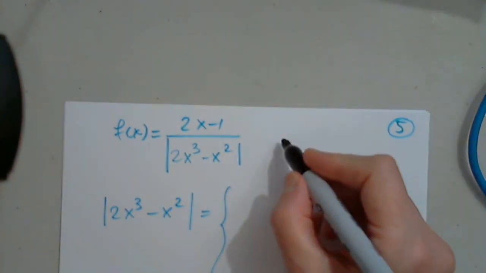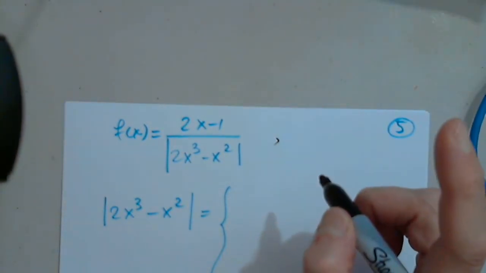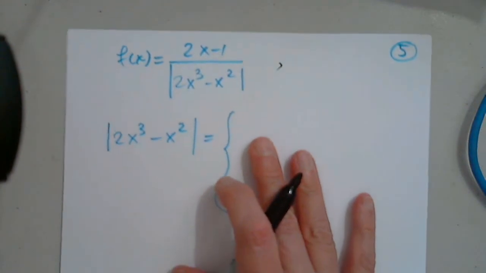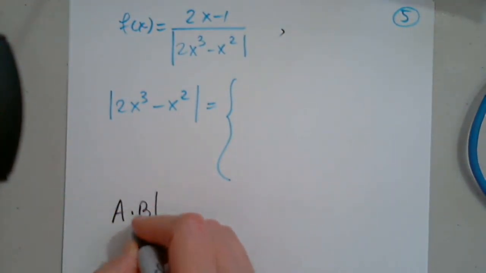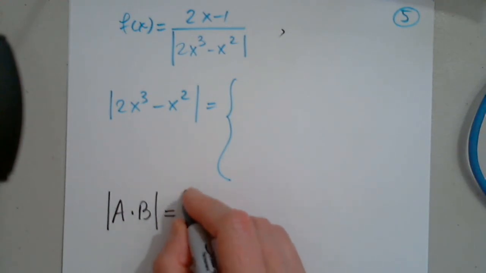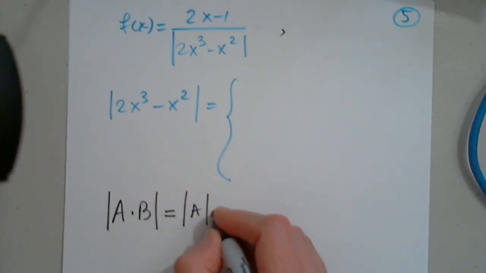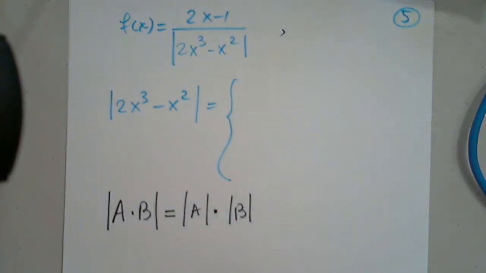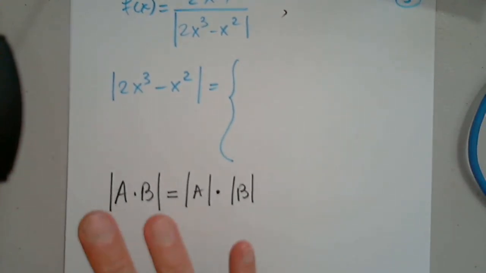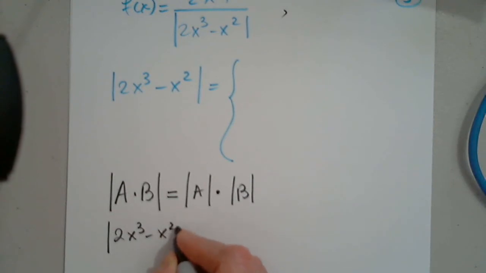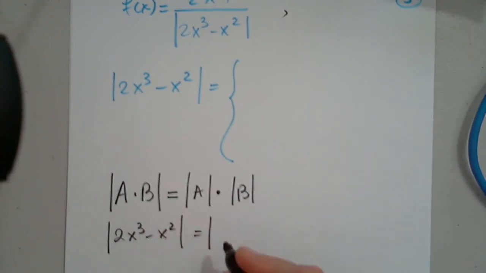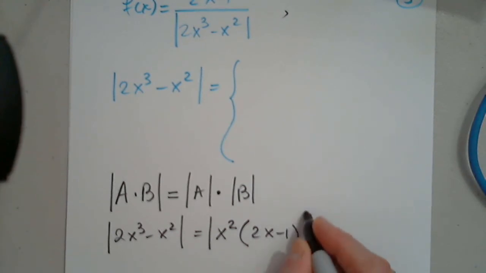It's a good suggestion. I agree with that, but now I have to talk about something else. A times b in absolute value has to be written as the absolute value of a multiplied by the absolute value of b. So perfect suggestion, I completely agree with 2x cubed minus x squared equals, pull inside x squared and then 2x minus 1.